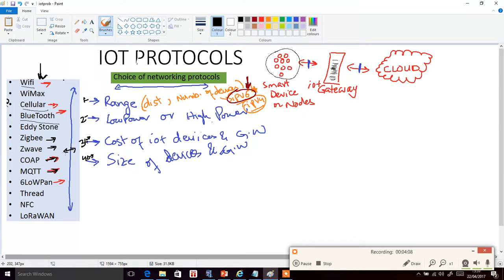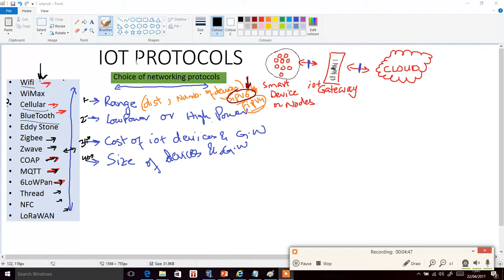For example, MQTT, CoAP, ZigBee, Z-Wave, 6LoWPAN, Thread, etc. We will describe them one by one, and describe their features in a very short descriptive way, and explain them a little bit, so that you understand what I mean by choosing these IoT protocols for particular applications. And we give a few examples also, for which applications you can use what kind of protocols, etc.